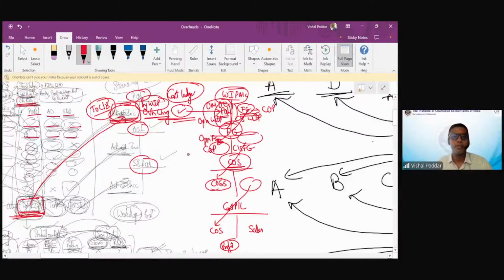Now, this figure represents the finished goods which have been sold. So this value is transferred to the COS account. And this represents what? Cost of goods sold, COGS. And then finally, the value which is called cost of sales is transferred to the cost P&L. Against that, we have credited sales, what we normally do in P&L, and you get the profit. So this is how broadly cost accounting happens.